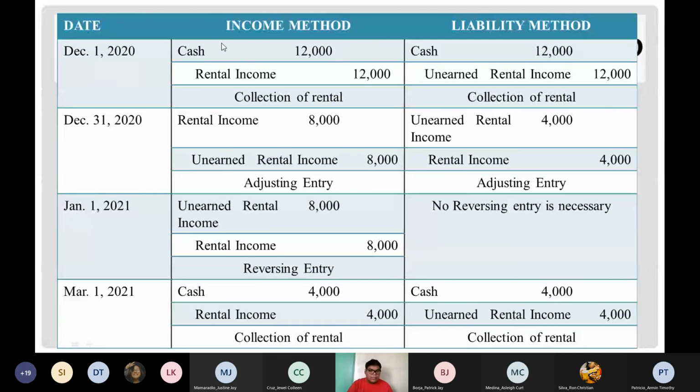So, whether na-collect mo na yung income mo o hindi pa, sila pa rin yung nananaig. Sila pa rin yung conventional methods, due to, as mentioned, consistency and continuity. Also, not all expenses are paid in advance, and not all income can be collected in advance.